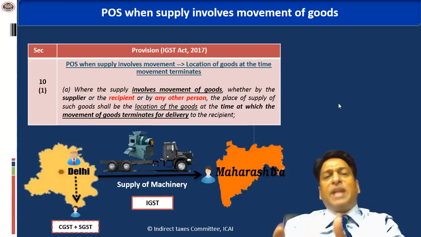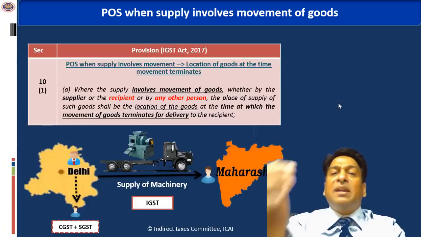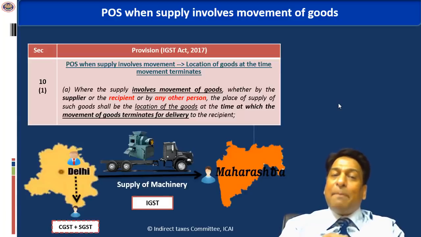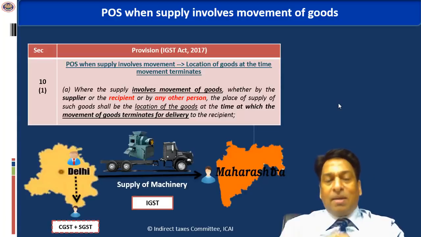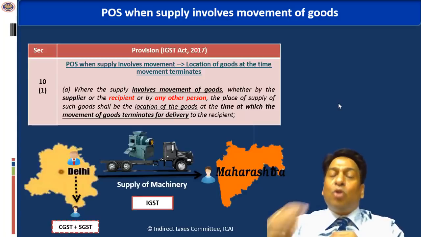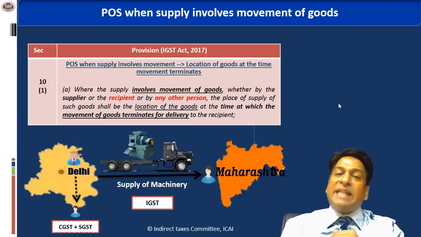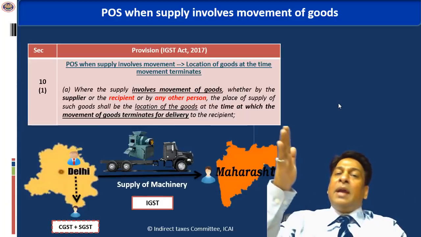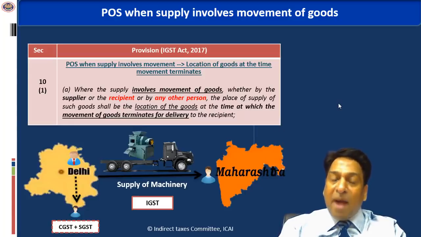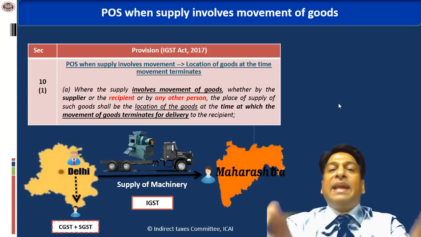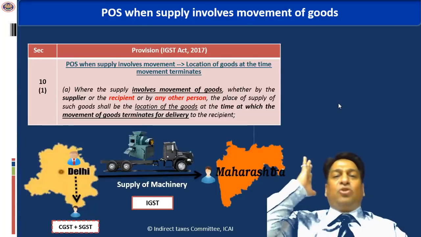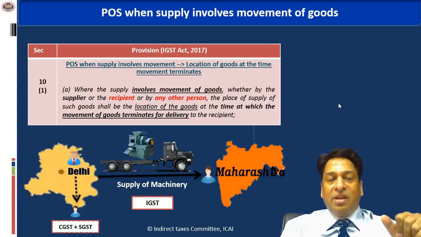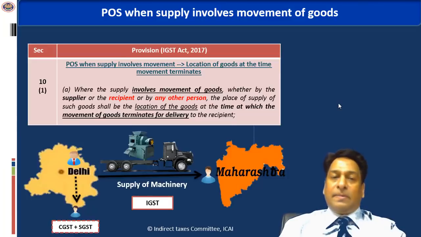So the ultimate destination is where movement is terminated. In a given example, if supply is happening from Delhi to Maharashtra, then the place of supply would be where delivery terminates, which is Maharashtra. So the location of supplier is Delhi and delivery is terminating in the state of Maharashtra, so the transaction would be interstate and IGST is to be levied.